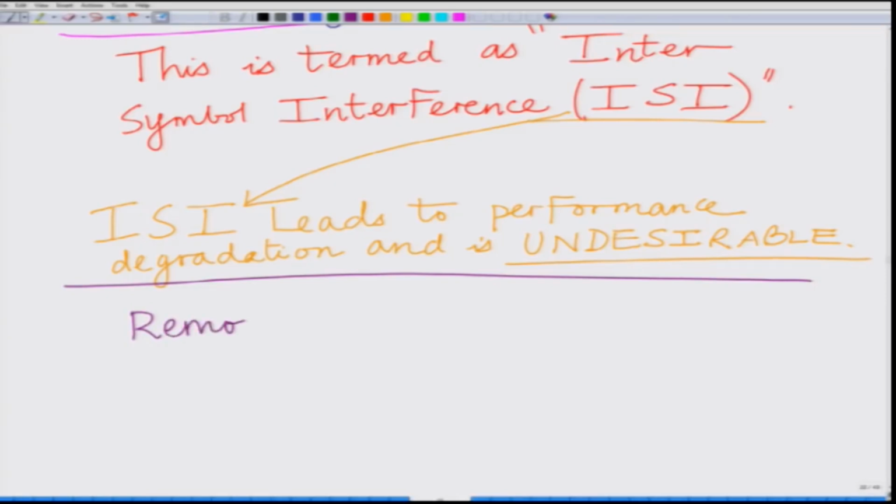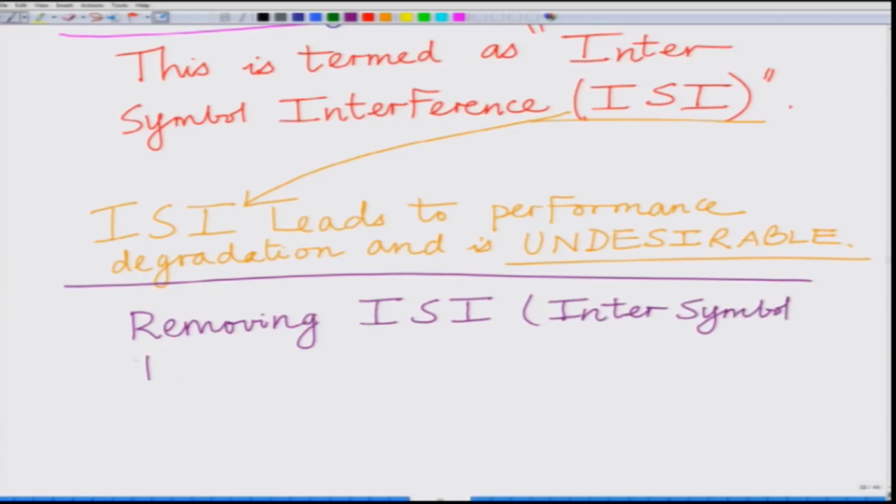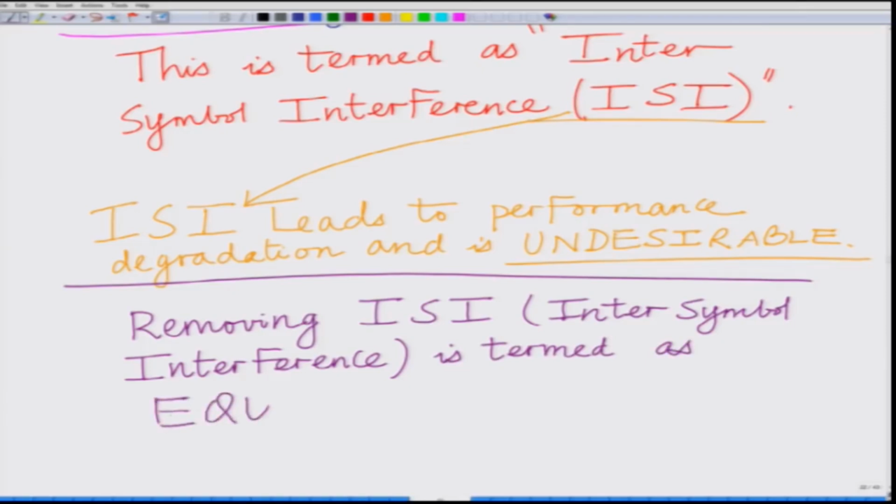Removing intersymbol interference is termed as equalization, correct.